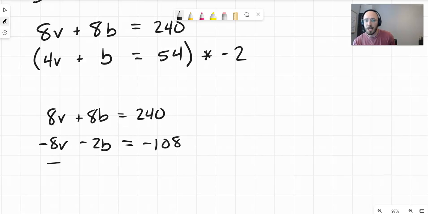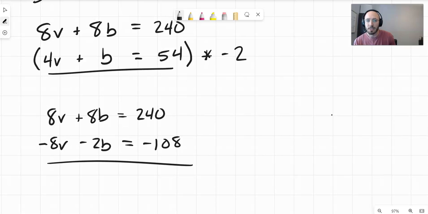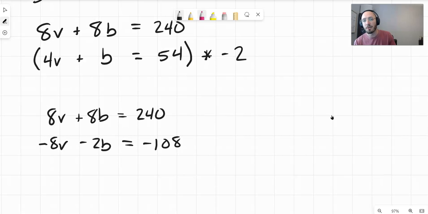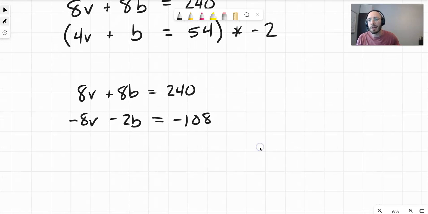This is the exact same equation as this. It just looks a little bit different. We have not changed the identity of that equation, but we have made it easier to work with. So once we do that, we can actually set up one big addition problem and add both of these equations together since the variables in each of the equations are exactly the same. We can now treat them like terms.